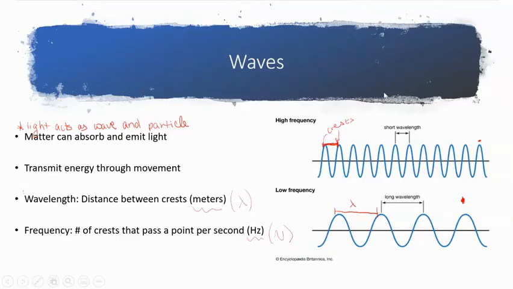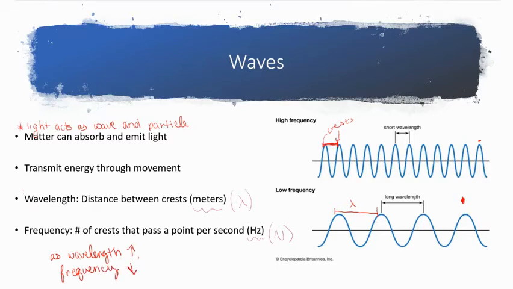Based off of this observation, we are going to come up with a relationship between wavelength and frequency. And we are going to see as our wavelength gets bigger, increases, that means our frequency is going to decrease.